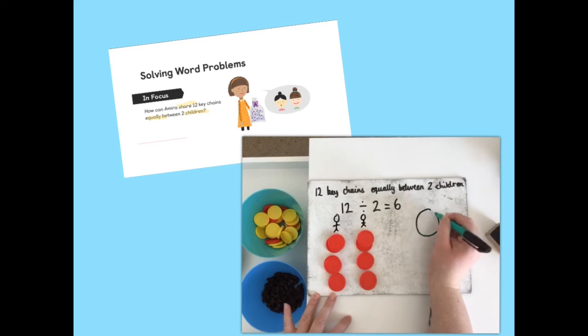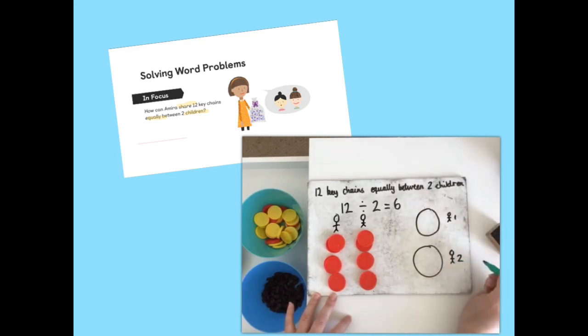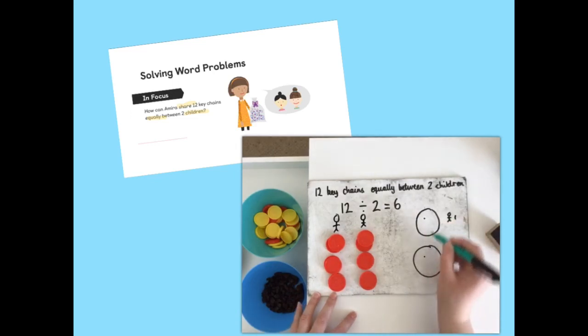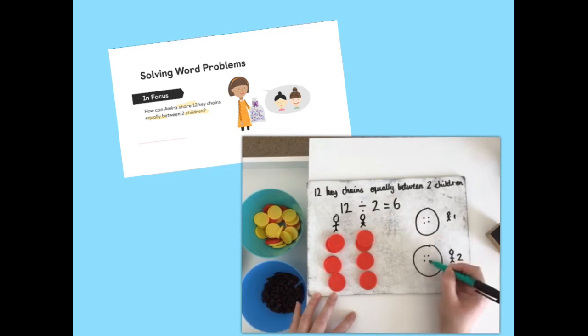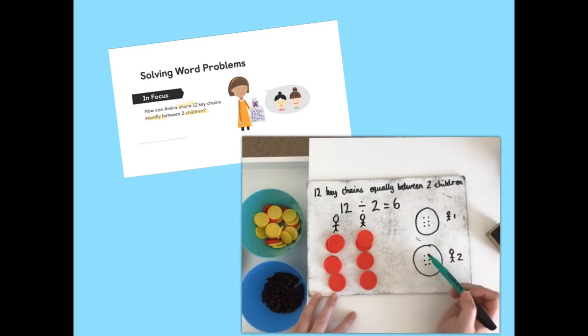So this time I'm going to draw my 2 groups, and these can stand for your children. So you've got child 1 and child 2, and I'm going to draw my 12 instead. 1, 2, 3, 4, 5, 6, 7, 8, 9, 10, 11, 12. And I can see that there's still 6 in each group, so my answer must be correct.